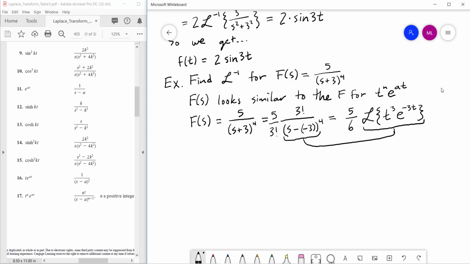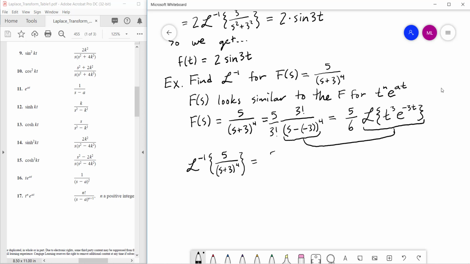And our goal is to take the inverse Laplace transform. So what that means is, if I take the inverse Laplace transform of our big mess, which looked like, where is it? 5 over s plus 3 to the fourth.